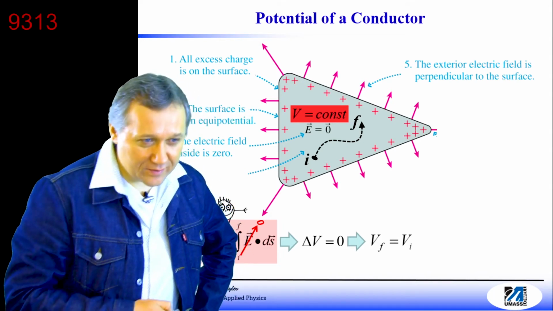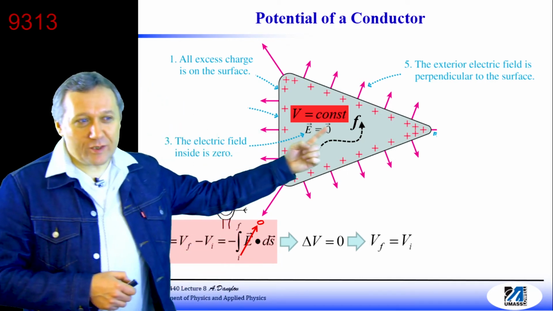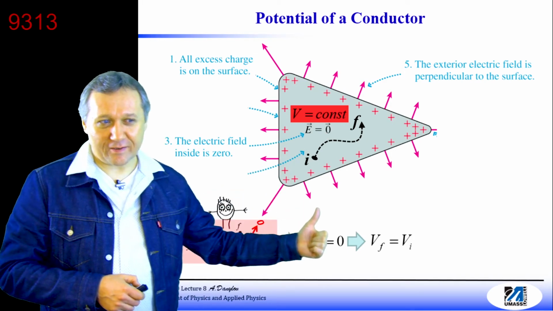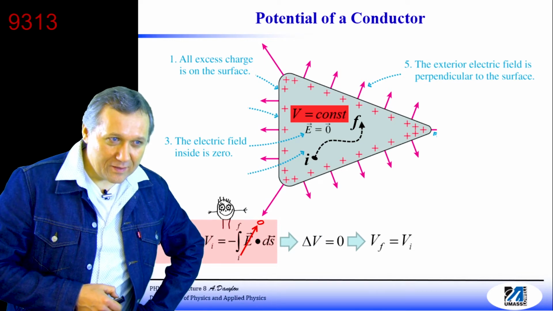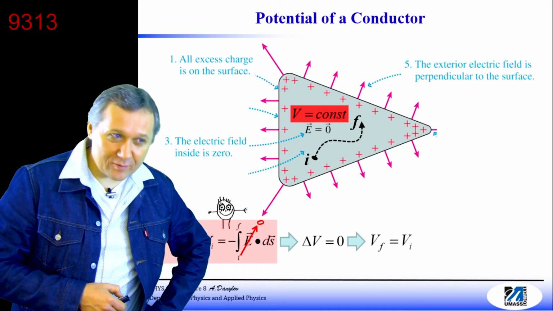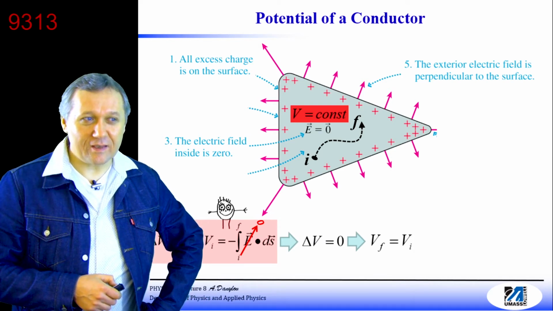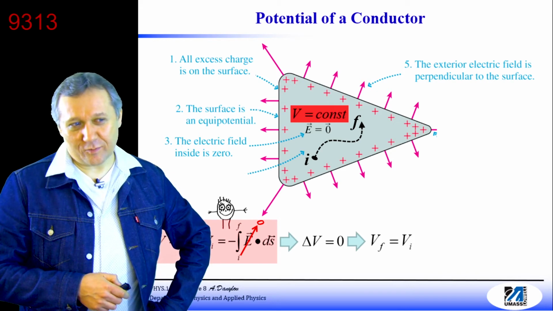All right. So now we're adding an additional property of a conductor, that the electric potential inside of the conductor is constant. Then what can you say about the surface of the conductor? You see this exterior surface of the conductor. Since the potential inside of the conductor and of course on the surface is constant, we can say that the exterior surface is an equipotential surface.